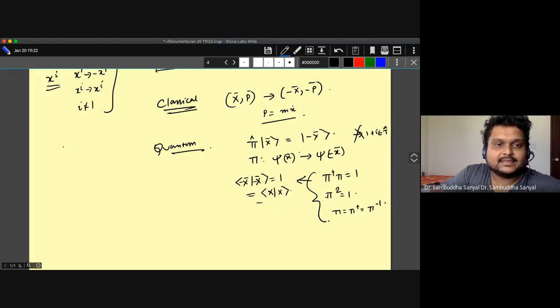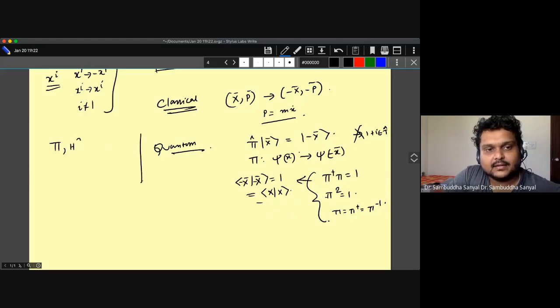Now, as I said, we have seen that this parity operator is commuting with the Hamiltonian, and we have seen examples of that. It's an operator which commutes with the Hamiltonian, not like time reversal which anti-commutes. You can check that very easily from the examples you have seen in quantum mechanics 1.